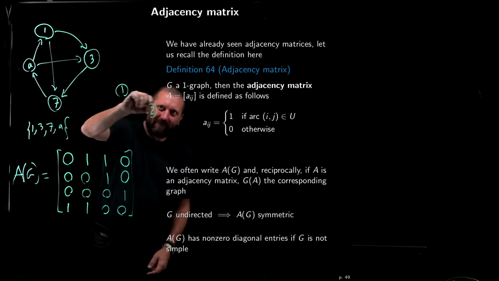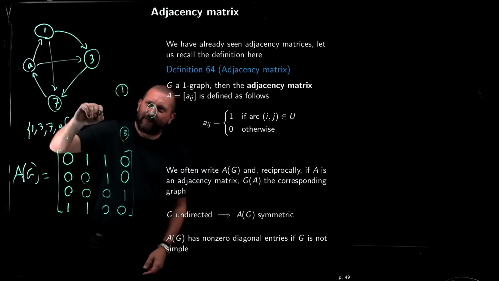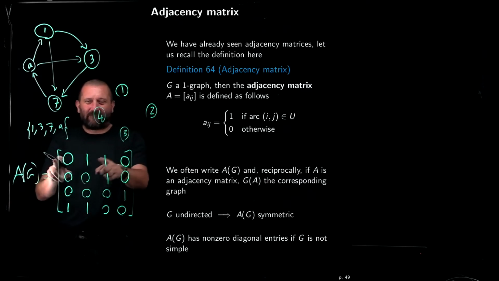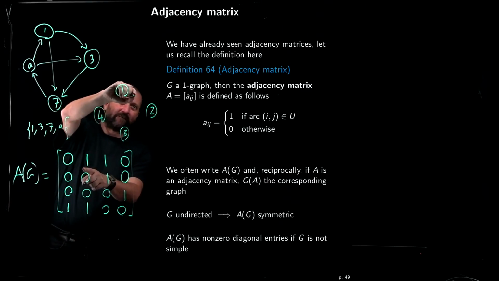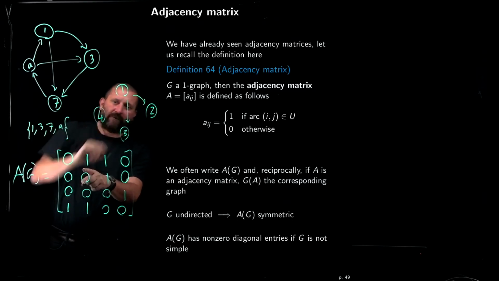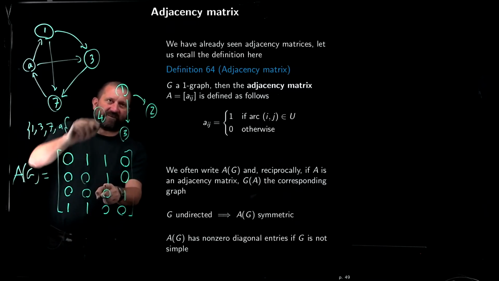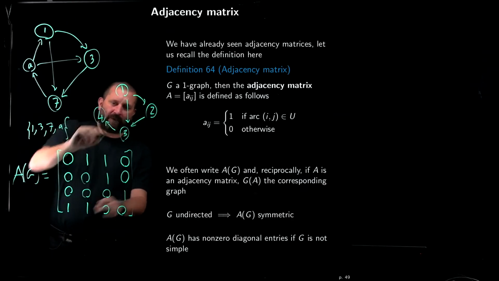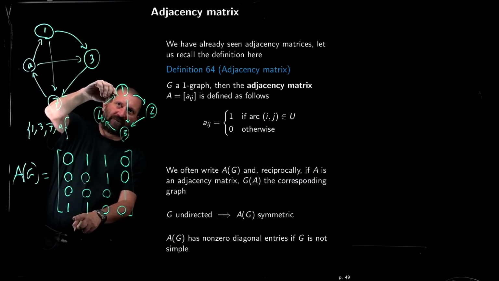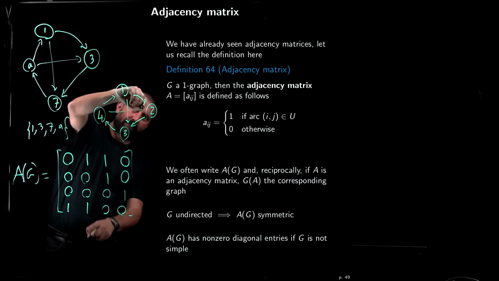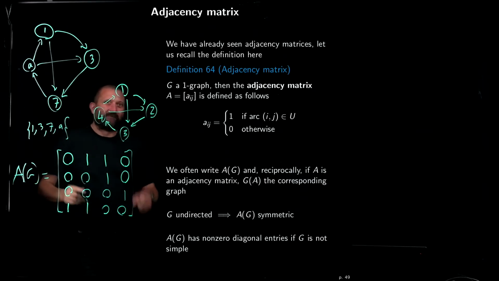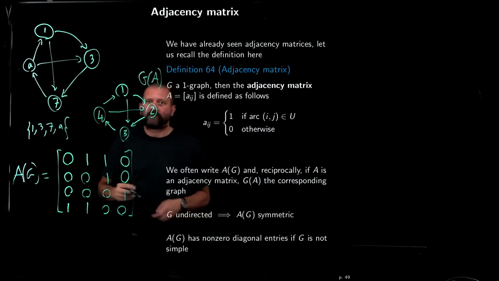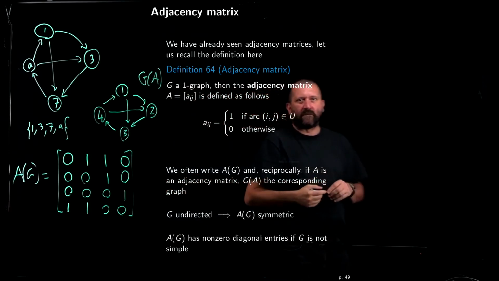I'm purposefully changing the index on the matrices. From the first one, I can go to the second and the third. From the second, I can go to the third. From the third, I can go to the fourth. And from the fourth, I can go to the first and the second. Okay, so that, in a sense, would be G of A.